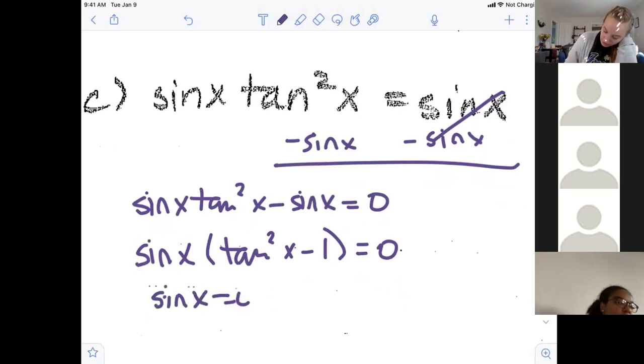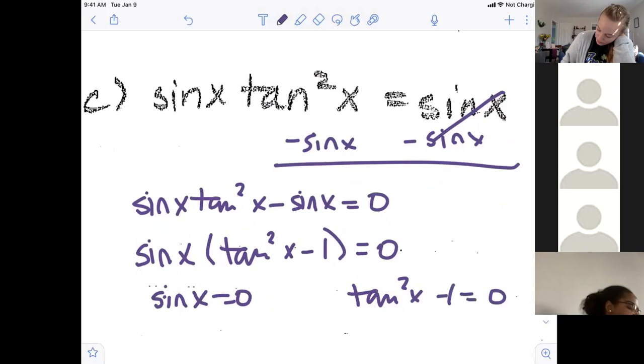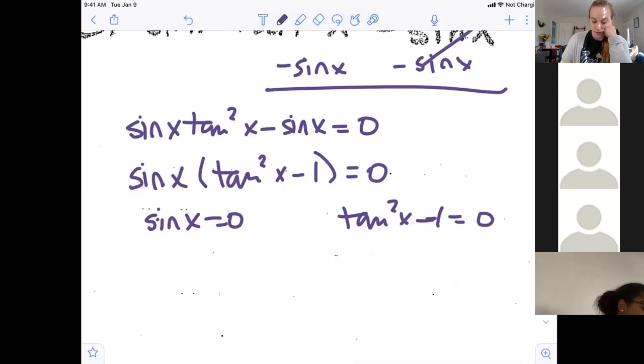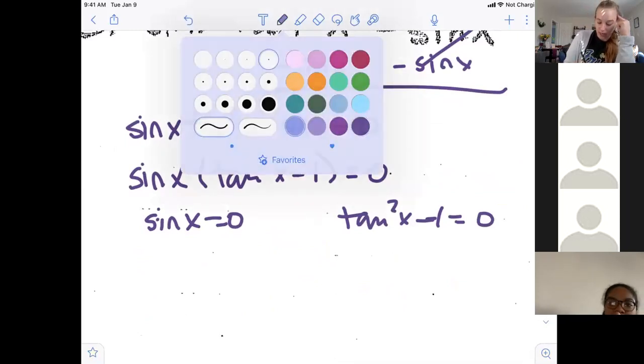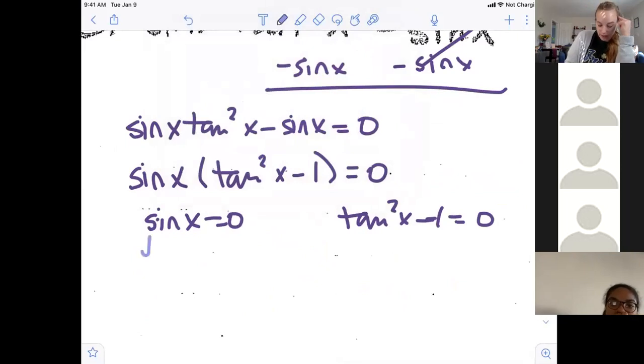Sine x equals 0, and tan squared x minus 1 equals 0. For sine x equals 0, I'm thinking, where is my sine, or where's my y, equal to 0? That's at 0 and pi.